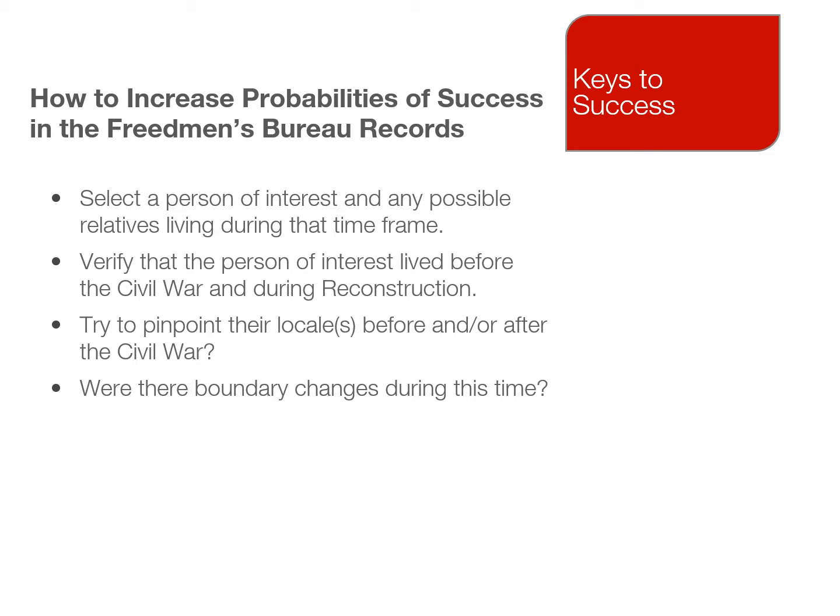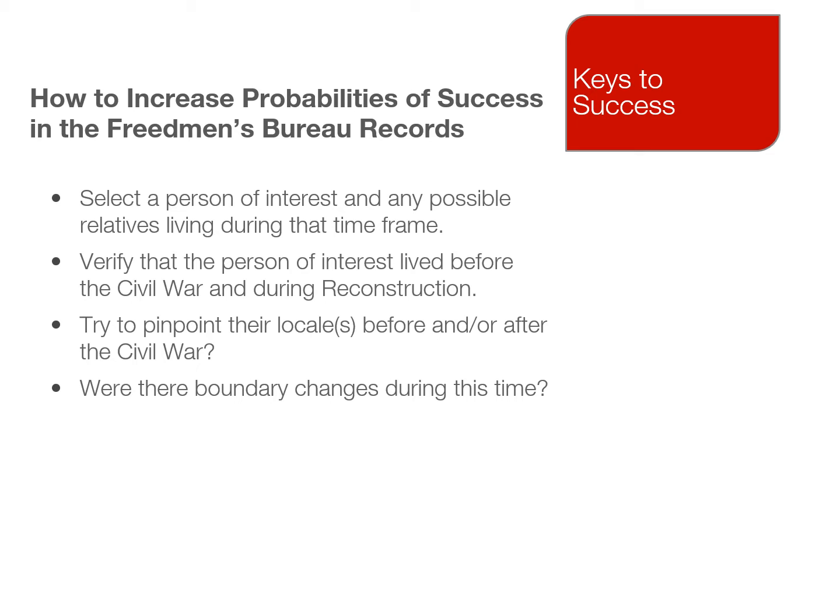So prior to 1871, that land formerly belonged to Bossier, Claiborne, and Bienville parishes. So there may be a possibility that during slavery and after the Civil War, your person of interest lived in one of those three parishes, resulting in you possibly looking at three different parish record collections.